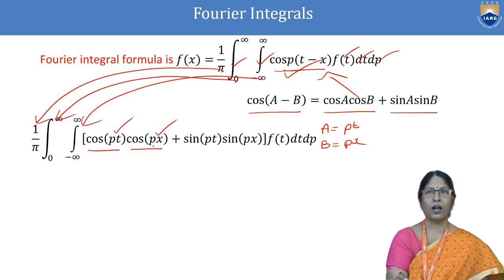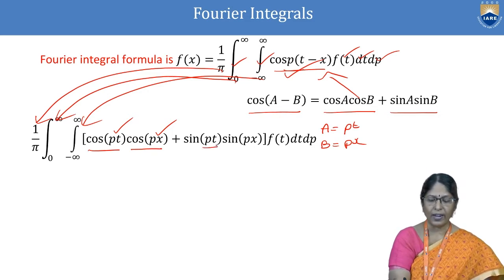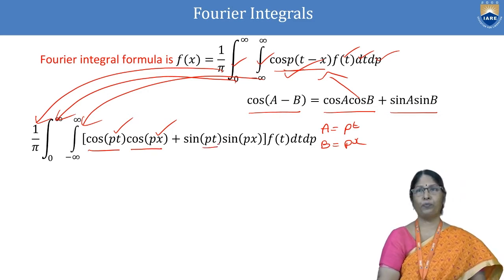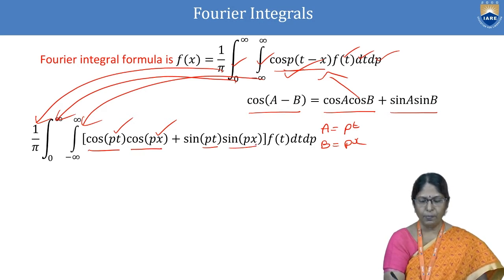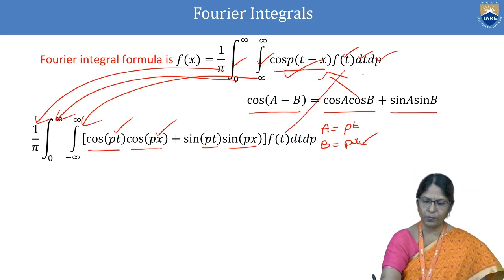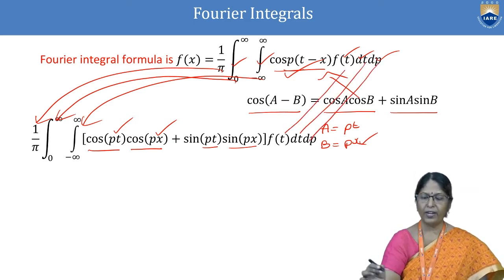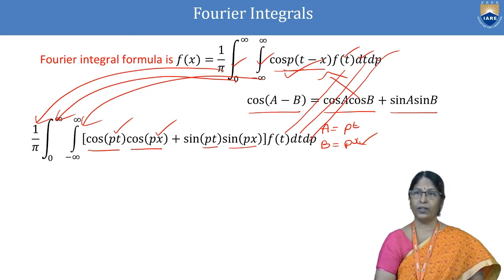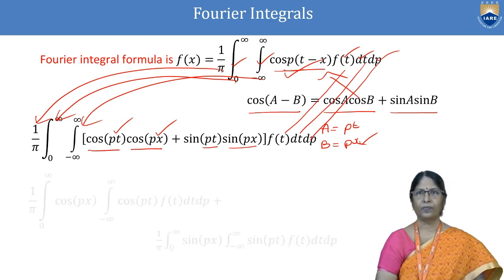So cos a cos b plus sin a sin b, so sin of pt, sin of px. The remaining terms, all f of t dt dp, are written as it is.